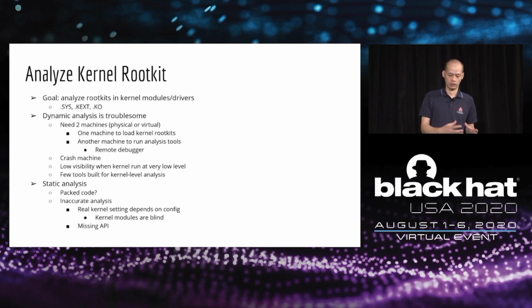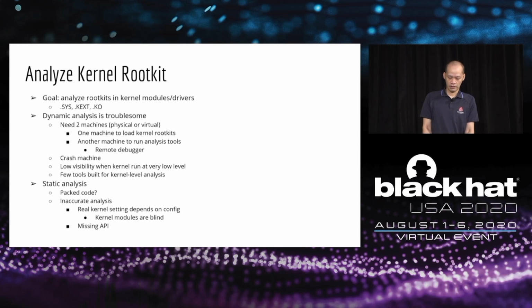So we run the rootkit on one machine, and we run our analysis tool on another machine. And on the second machine, you can run a debugger connected to the machine that is running the rootkit. The problem with this solution is that when you analyze the kernel rootkit, it can crash the machine.